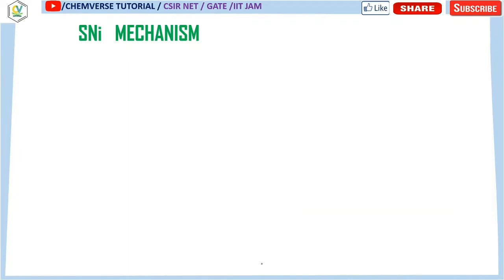Okay, so the next point is that there is one different kind of mechanism we can see, which is called the SNi mechanism. For the SNi mechanism, we will discuss this substrate over here, and the reagent is SOCl2.